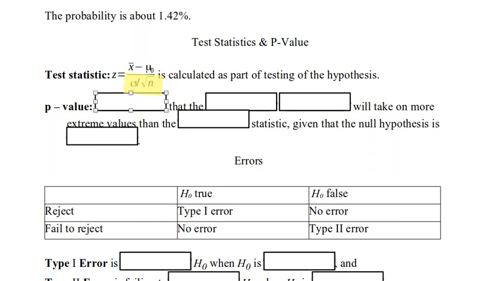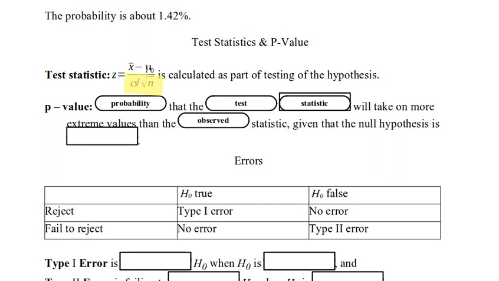The p-value is the probability that the test statistic will take on more extreme values than the observed statistic, given that the null hypothesis is true. So we're allowed to assume that the null hypothesis is true. That gives us a lot of information that the manufacturer or the government claims is true.